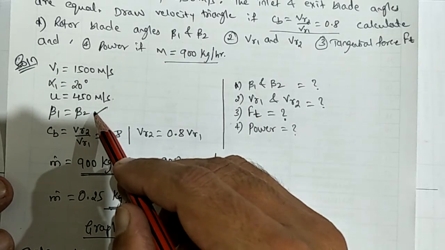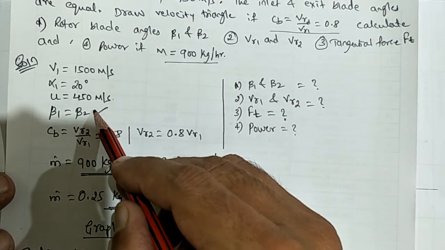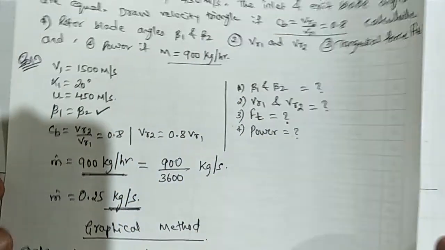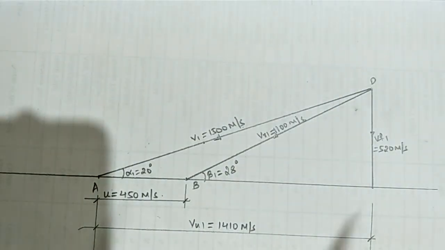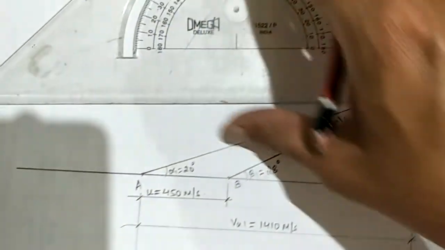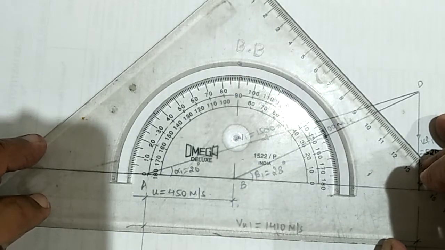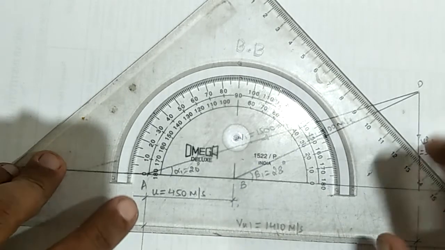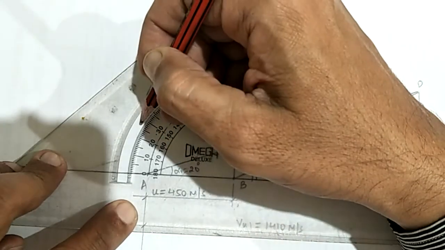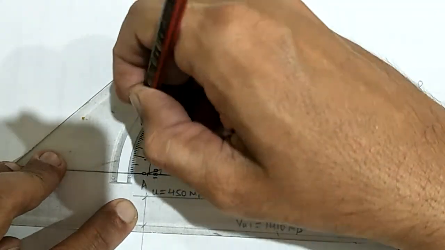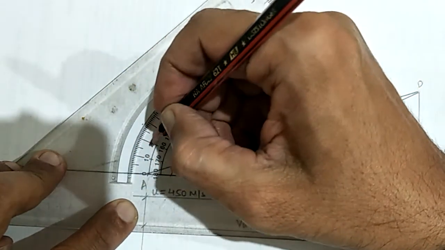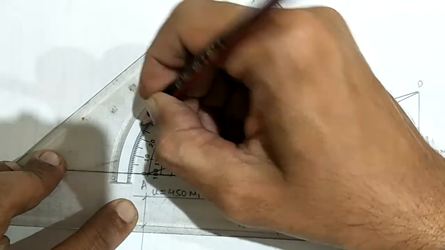So I am going to draw a line for beta 2 with the same value as beta 1, of sufficient length. Beta 2 is equal to beta 1, so it is 28 degrees again. Somewhere here, 10, 20, 30, so 28 is somewhere here.